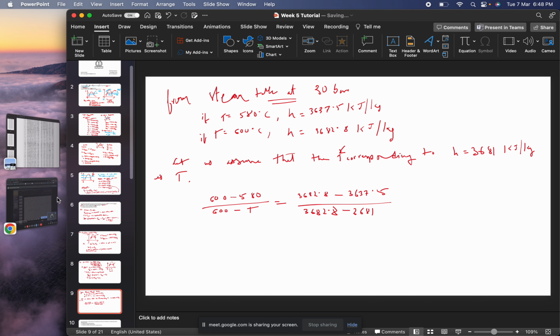This is very simple to remember. Suppose 580 corresponds to this one, 600 corresponds to 3682.8, and T corresponds to this one.